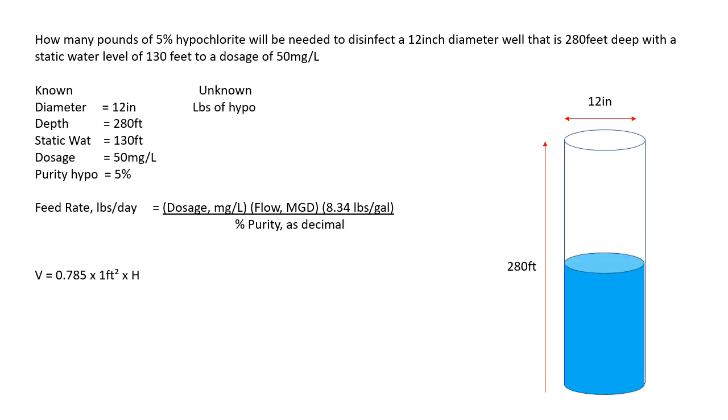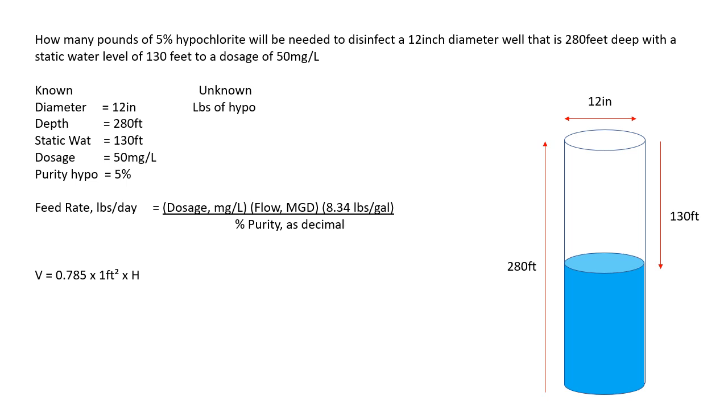The other variable they have given us in this math problem is the static level, or the distance from the land surface to the water in a well when the water pressure in the well is equal to the pressure of the surrounding groundwater. Essentially what that means is there's empty space between the top of the well and the water level, so therefore it's not 280 feet of water. So we can calculate out what this is.